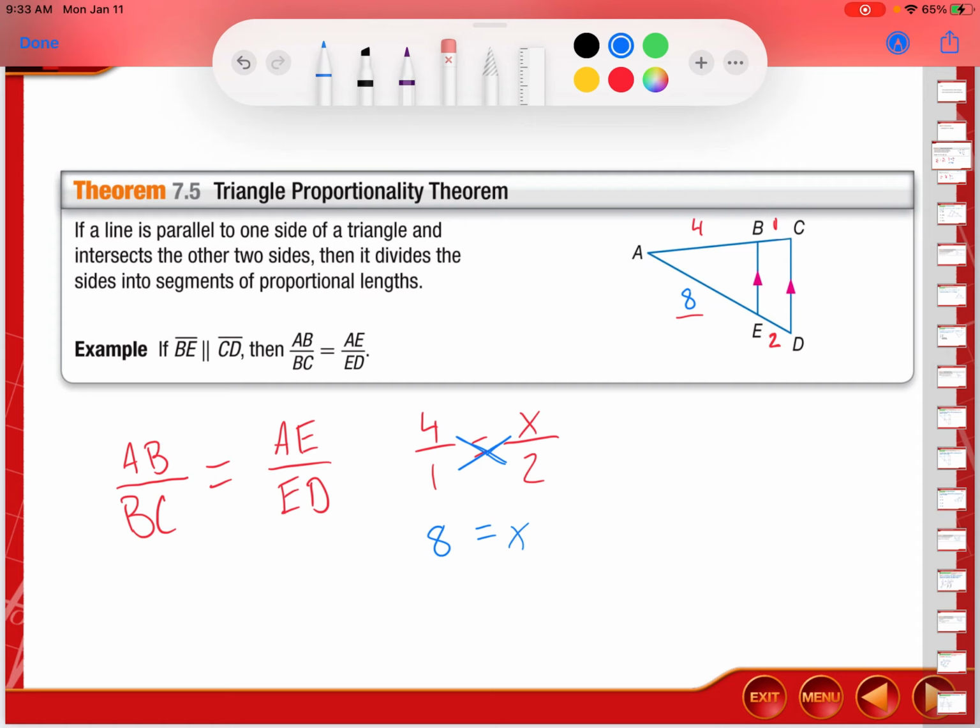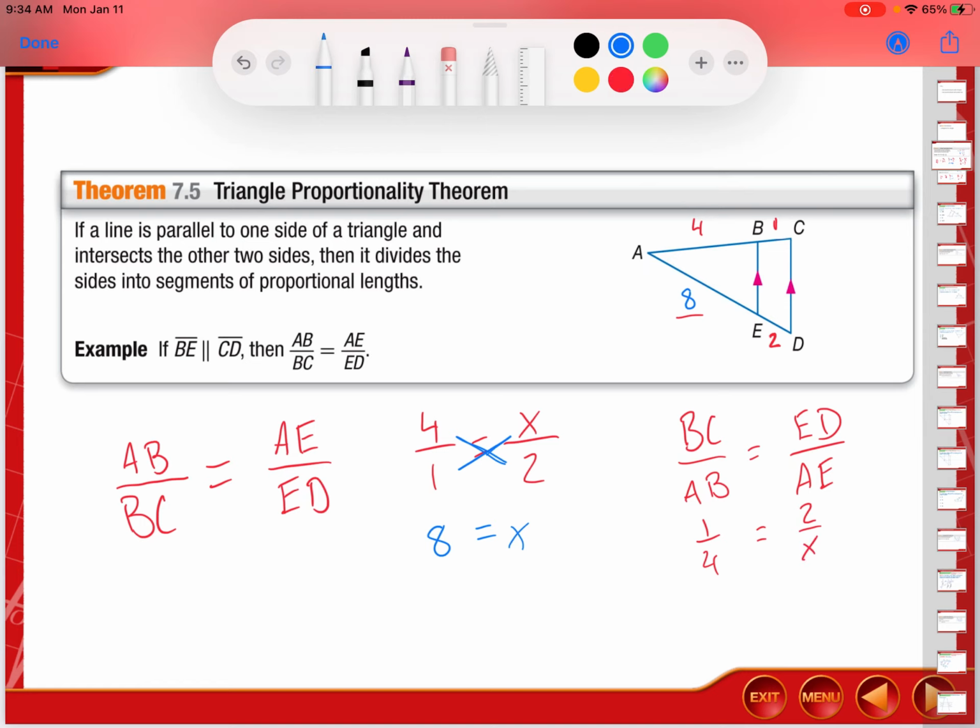So the only difference I would have done here is, personally, when I set these up, I like to do the smaller side on top. So I would say BC over AB equals ED over AE. And that's just a personal preference thing. I know it seems kind of ticky-tack, but I just prefer to do it that way.